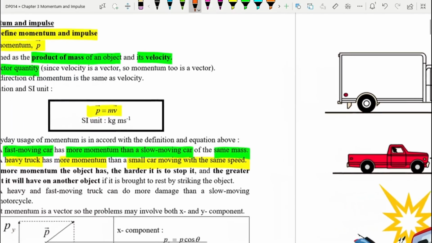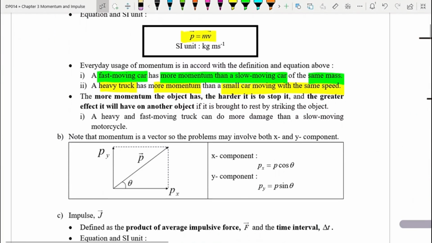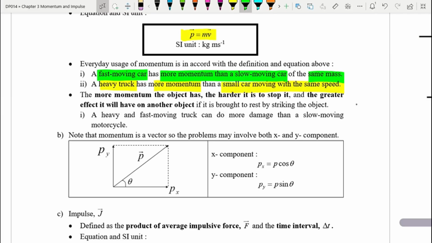Okay, so bila kita cerita pasal momentum, the more momentum an object has, the harder it is to stop it. Let's say, kalau truck tadi dengan car tadi collide to each other, obviously kita tahu yang mana yang lebih susah untuk stop. Yang lebih susah untuk stop, obviously yang ada greater momentum, which is the truck.